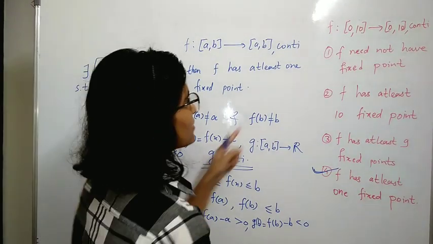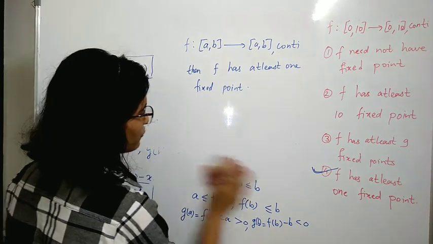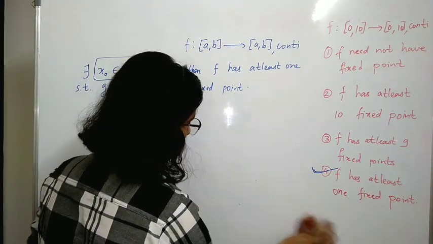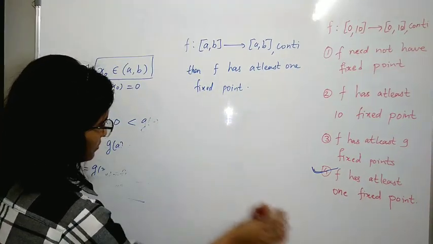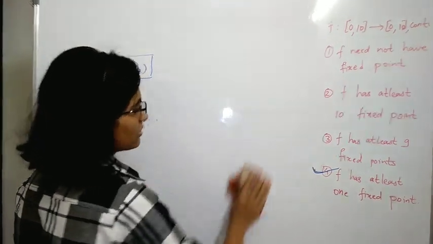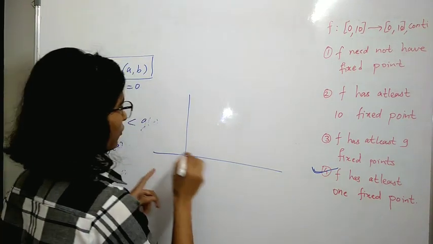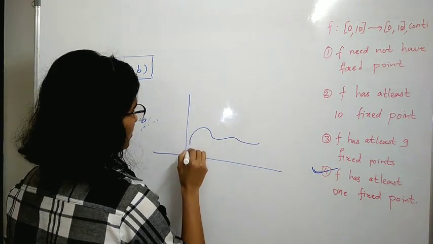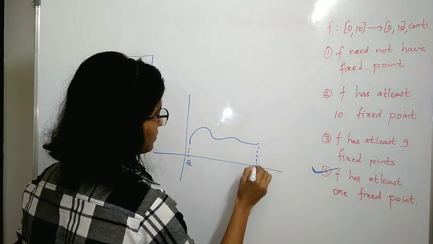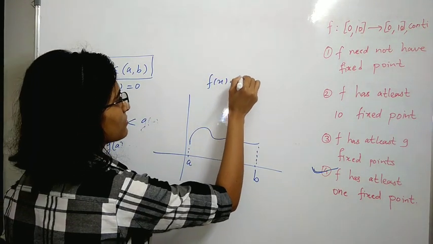Now look at this first option. This says that f need not have a fixed point. So what is the counterexample for this? So it has a fixed point means what? We can just take some function, say f of x, like this, a to b. Then f of x is equal to x means what?